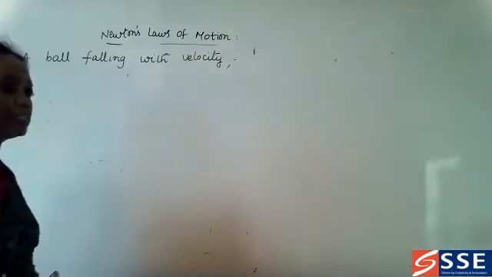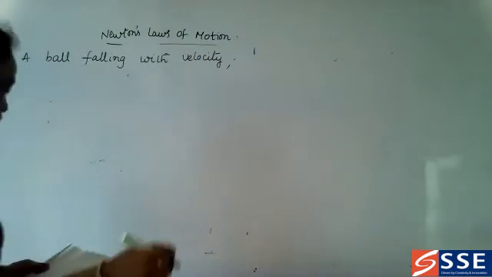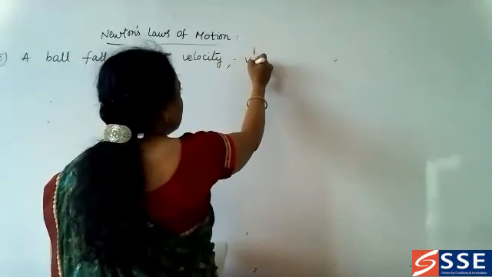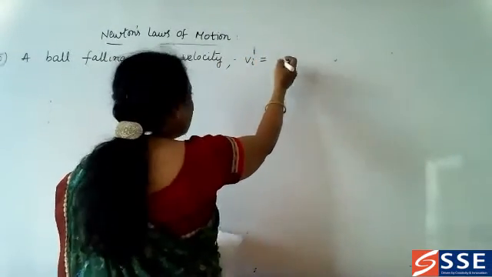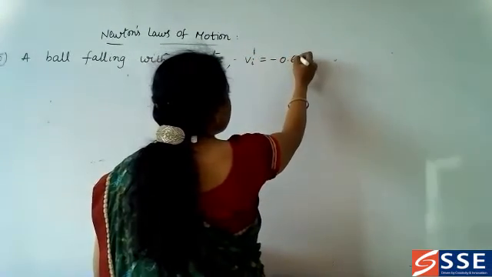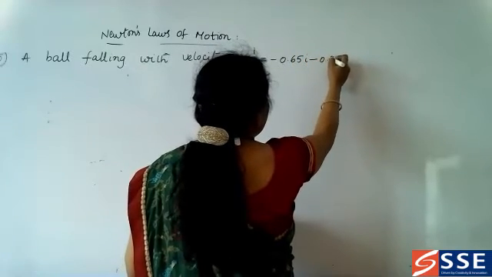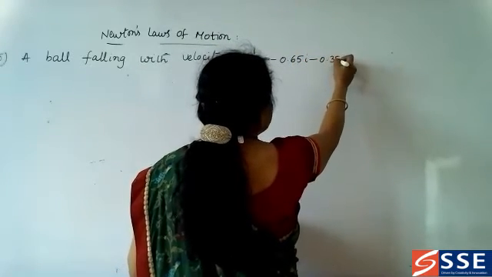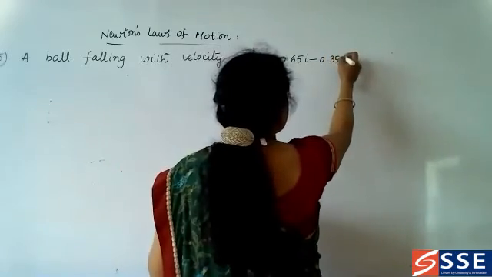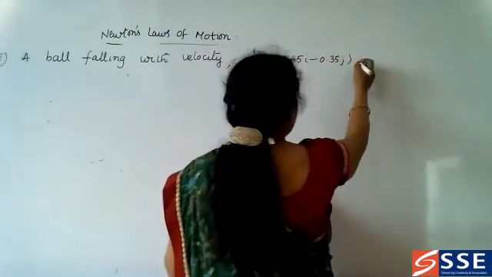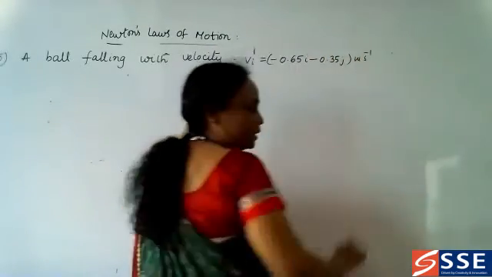What is the velocity? Velocity vi is equal to minus 0.65 i minus 0.35 j meter per second.